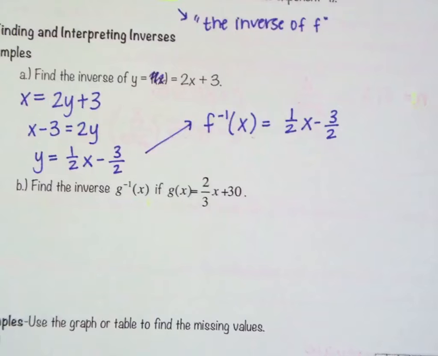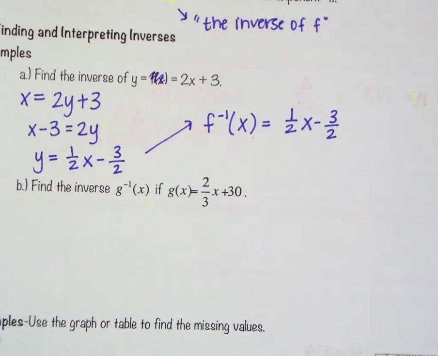The input here, they're in different places. So when my input is negative 6, that's not the inverse notation. My output is negative 4. This is the inverse. So if this is usually my output, for the inverse, that's my input.